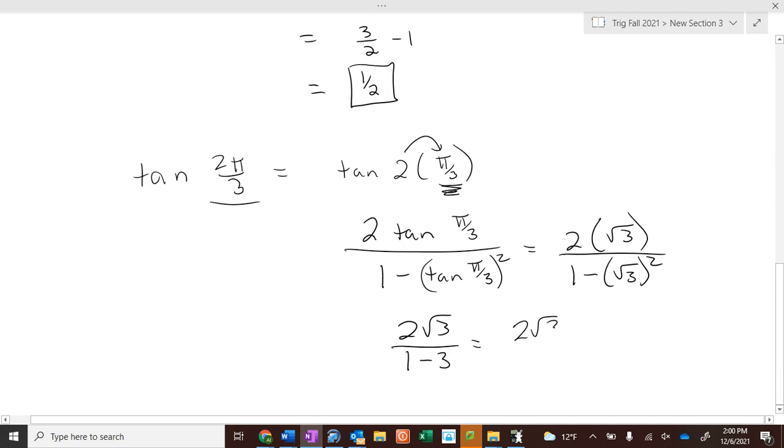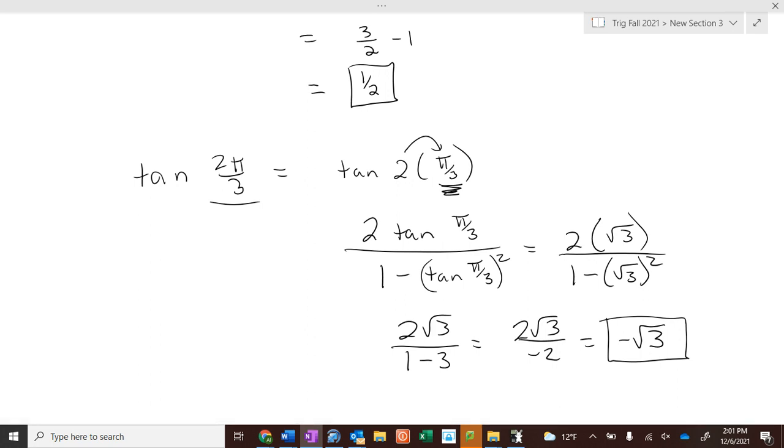So it's 2 square root of 3 over negative 2, which is negative square root of 3. Is the tangent of 2 pi over 3 on your unit circle negative square root of 3? Is it? Yeah, because it's square root of 3 over 2 over negative 1/2, which is negative square root of 3.